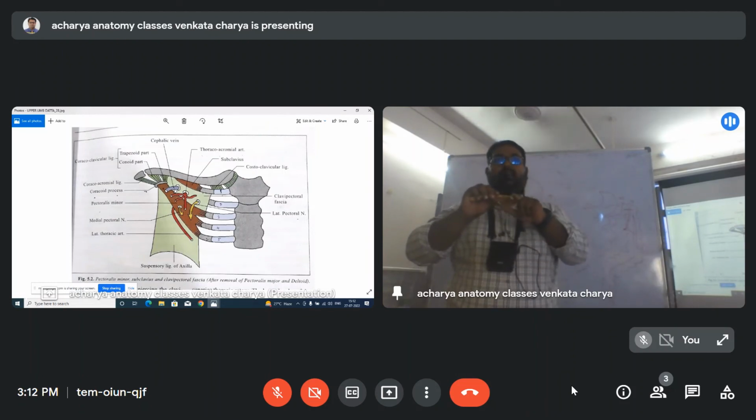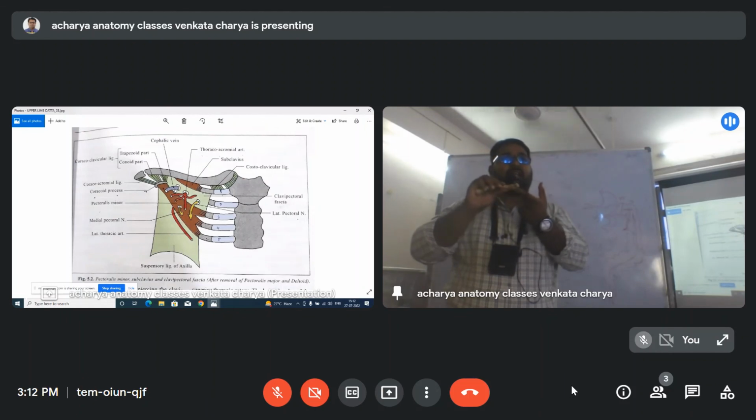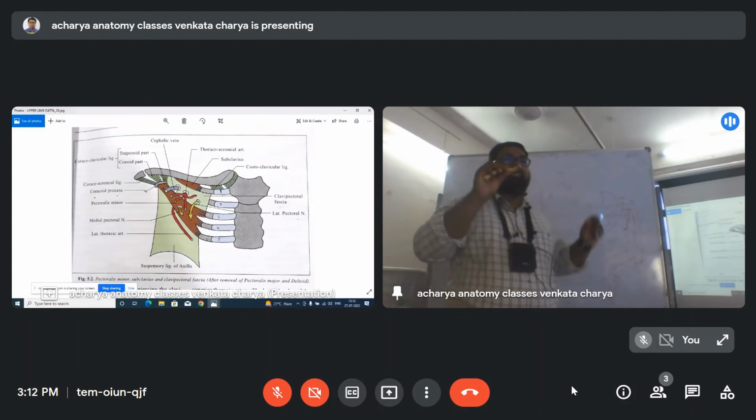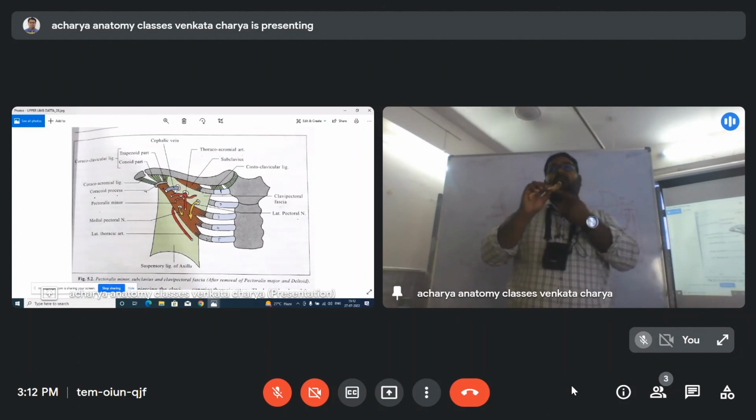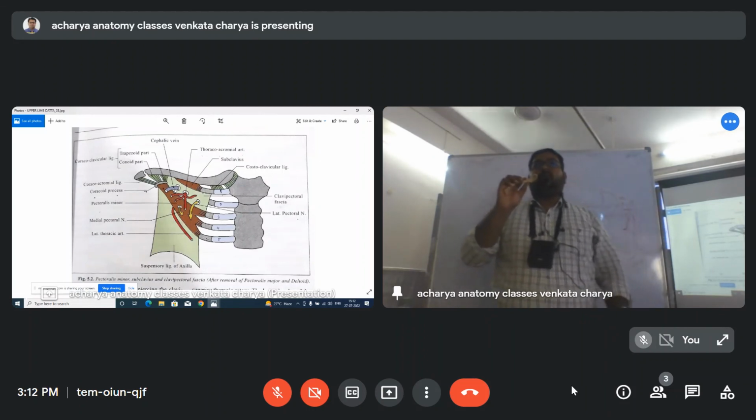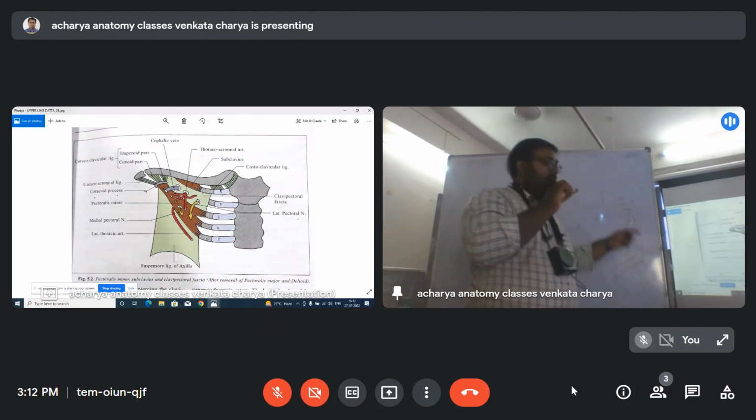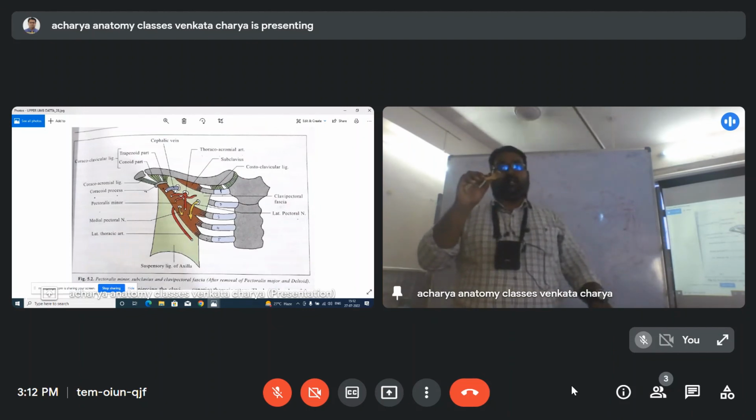The superior surface is a smooth surface, inferior surface is a rough surface because there is a presence of conoid tubercle and trapezoid ridge. In the conoid tubercle, there is attachment of conoid ligament, and at the trapezoid ridge, there is attachment of trapezoid ligament. These two ligaments together are called coracoclavicular ligaments.